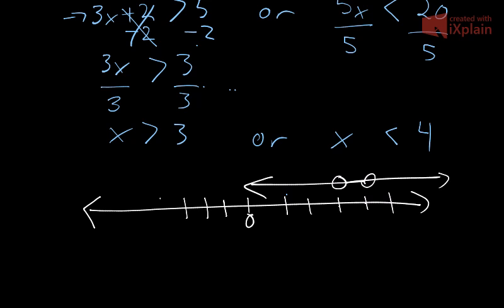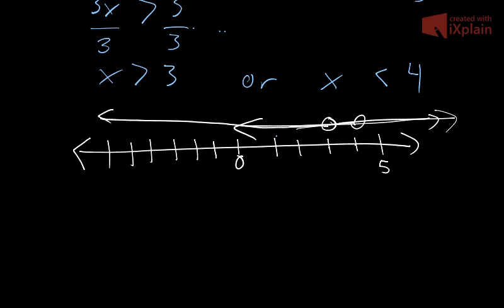If we remember for or, that meant that we leave both arrows. But looking at this, this arrow is going to keep on going forever that way, and this arrow is going to keep on going forever that way. They also cover up our holes here, which are the empty circles. They're covered up, but that doesn't really matter anymore.